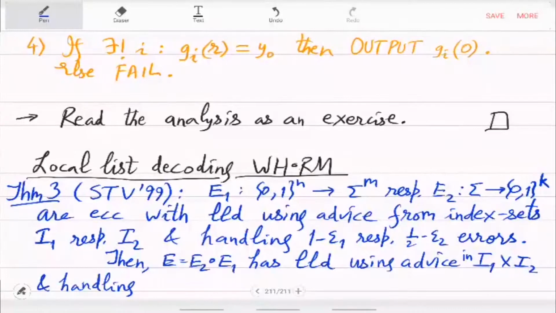But what you have to be careful about is, just like local decoder for the composition, the goal will be to actually find the letter in sigma completely. So when you apply the local list decoder for E2, you have to pay more. You will pay this factor of I2.